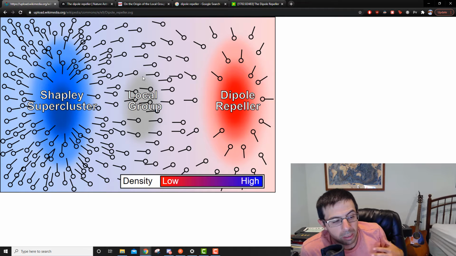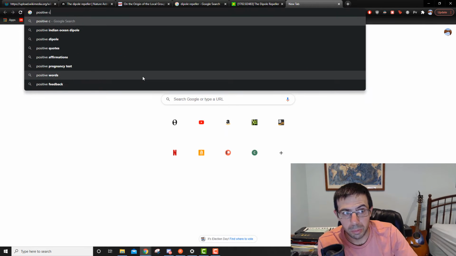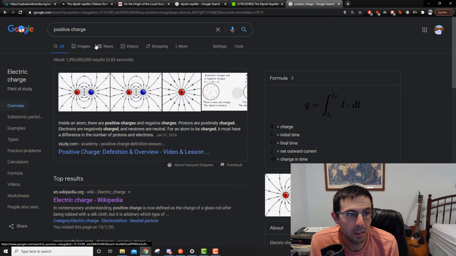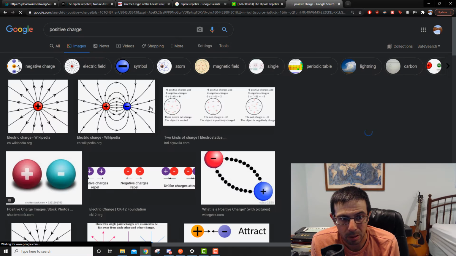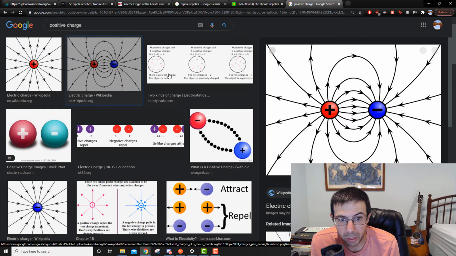And so it's essentially a positive system, because that's what a positive system is. So if we look at just a positive charge, it really is just a bunch of flows out from a central point, whereas a negative is a bunch of flows into a central point.